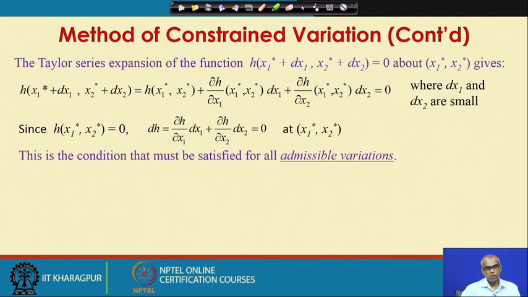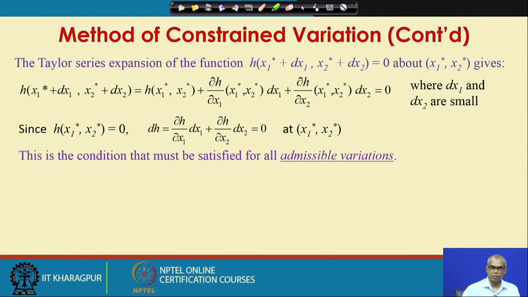Now, h of x1 star, x2 star equal to 0, because x1 star, x2 star is a minimum point and that will satisfy the constraint h equal to 0. And h of x1 star plus dx1, x2 star plus dx2 equal to 0, because of admissible variations.